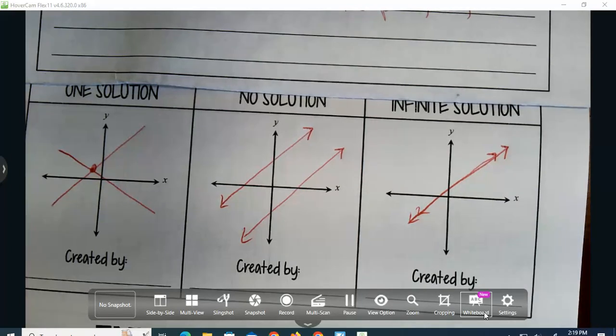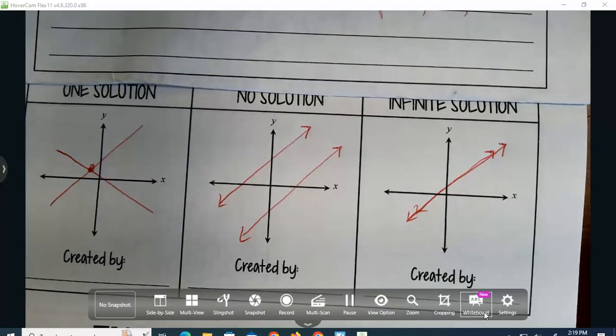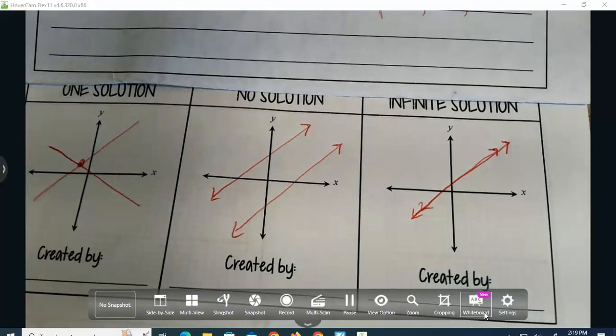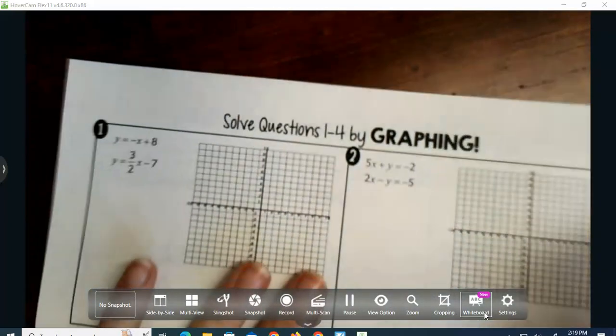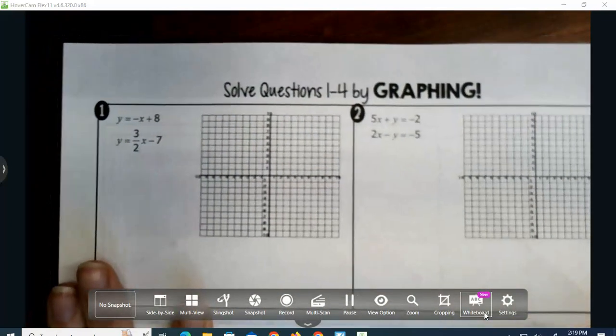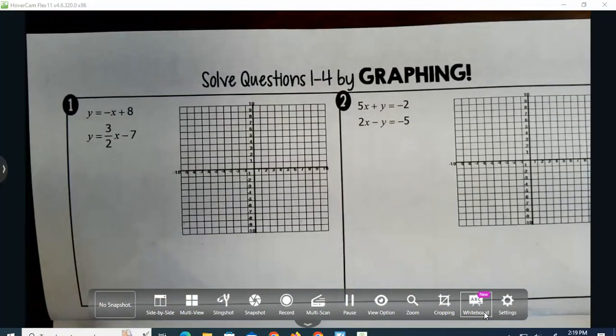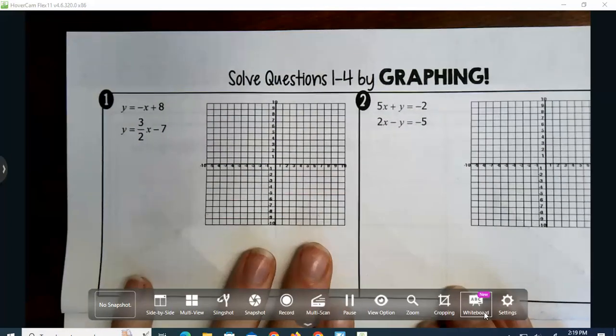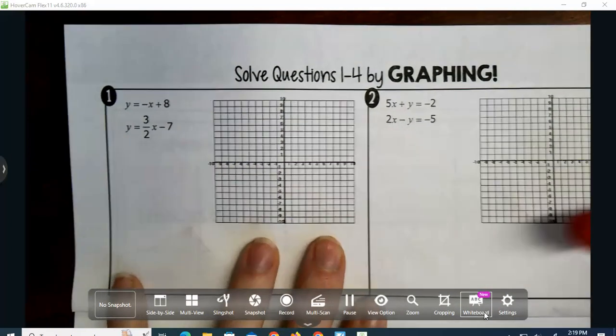All right, so we have three strategies that we've learned. Graphing, substitution, and elimination. And I want to do an example of each of those. I know I didn't hand out rulers. I feel like for one example you can make do. You can use a piece of paper or something to draw a straight line for one problem.